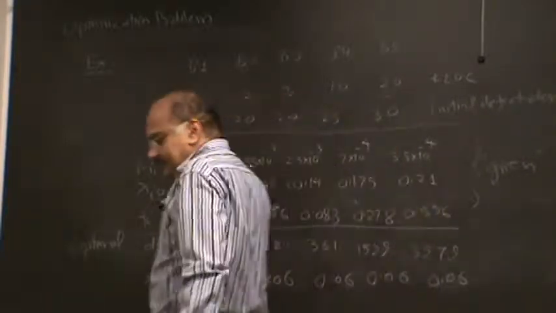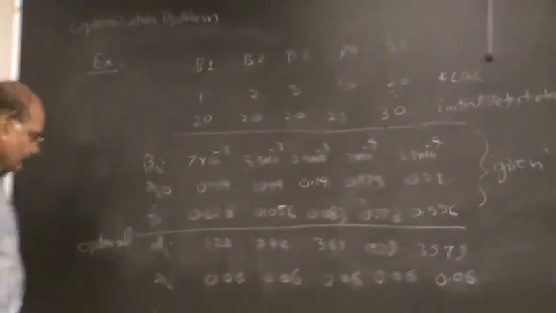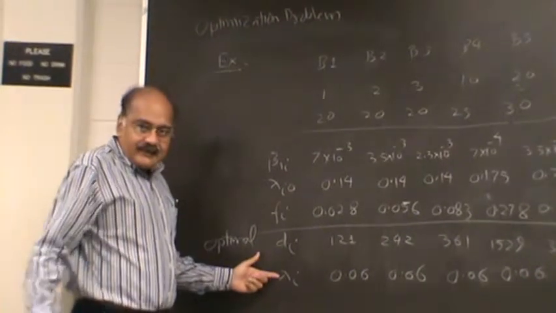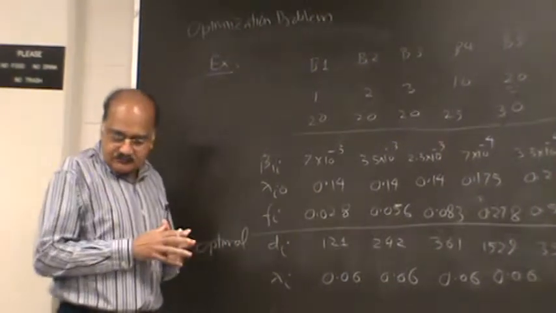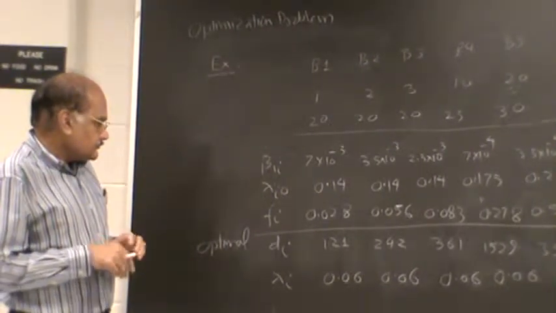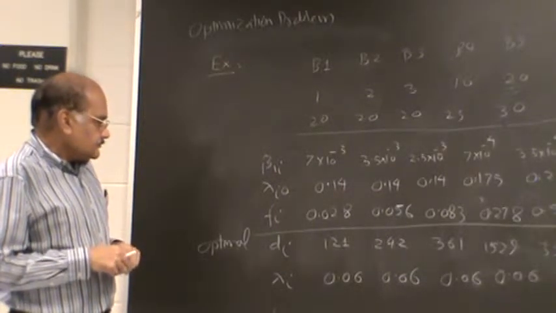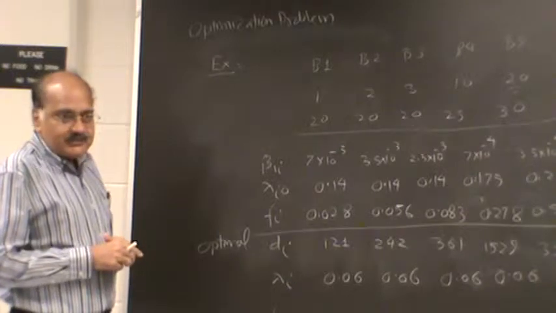That's the optimal failure intensity after you are done with testing. Notice that at the end, everything is equal. Any questions or comments?